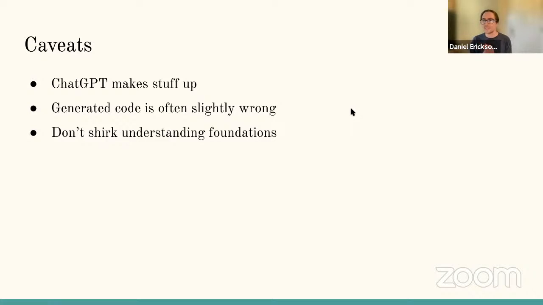So there are also some caveats. Everyone knows ChatGPT makes stuff up, so you shouldn't trust it from the get-go. You should make sure that what it's telling you is actually correct. The generated code is, as a result, often very slightly wrong, but it's wrong in the correct direction. It gives you a framework from which you can then fill in everything else, usually. My last caveat would be don't shirk understanding foundations.